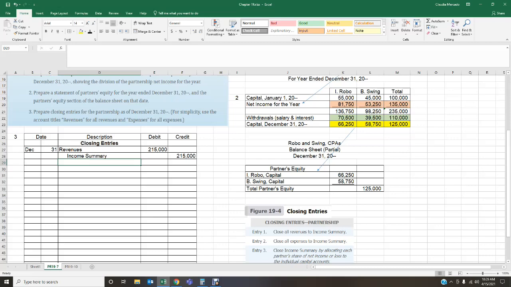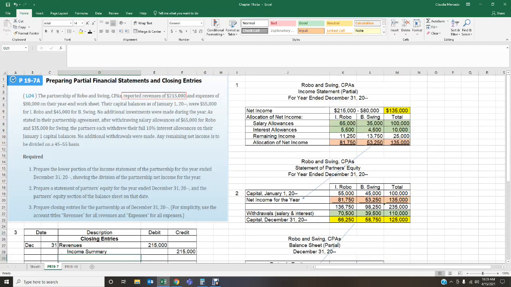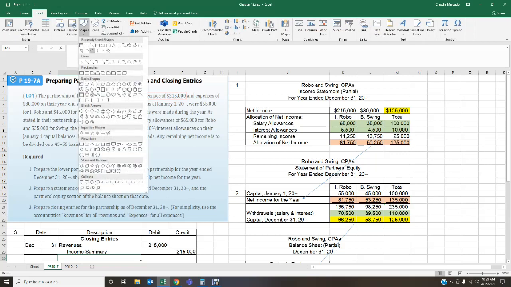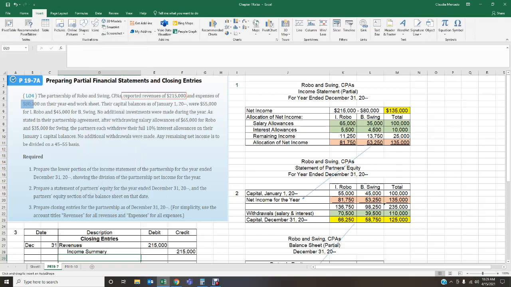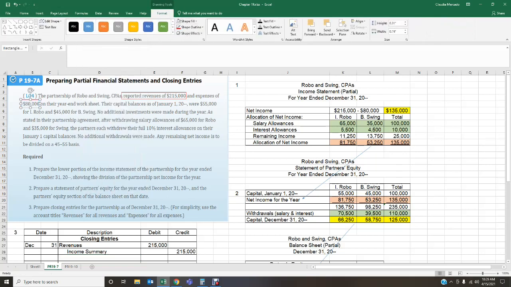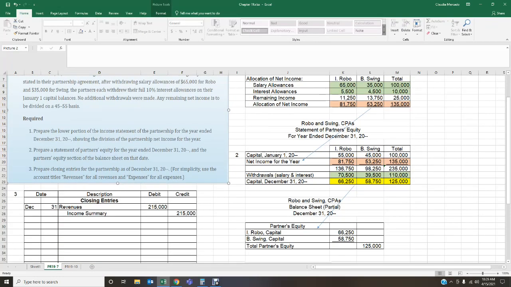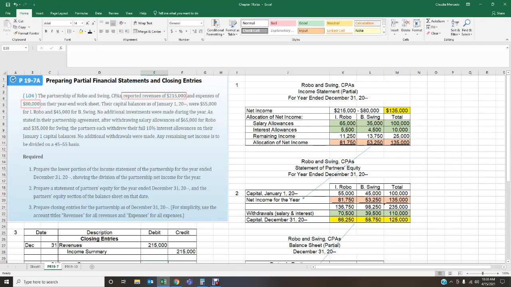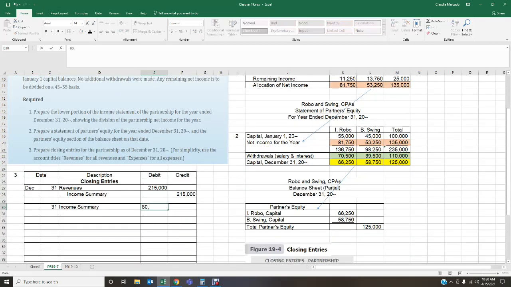Step 2, you're going to close all expenses to income summary. The problem stated that we had expenses of $80,000. So we have to close expenses. Now your expense accounts normally have a debit balance. So if we're going to close them, then we need to credit them. So we credit my expenses and debit income summary. Income summary would be debited and the amount of my expenses was $80,000, and of course your expenses are going to get credited $80,000.